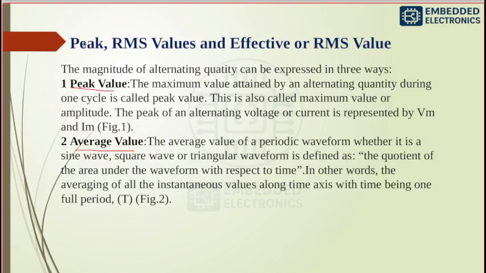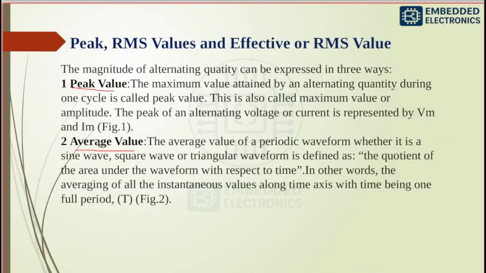So next is the peak, RMS values and effective or RMS value. Peak value we already saw in the previous explanation. Next is the average value. So the average value of a periodic waveform. You can consider any waveform, sine wave, square wave or triangular wave.